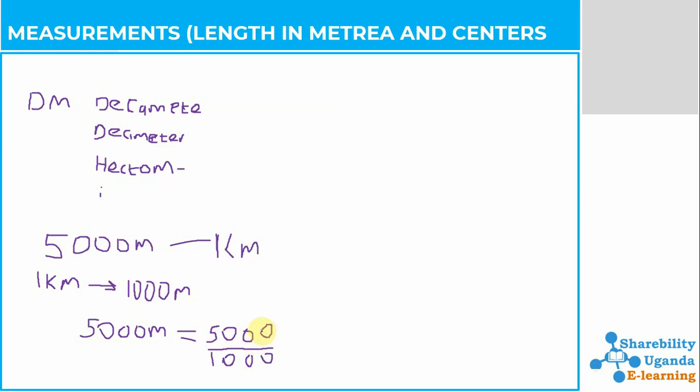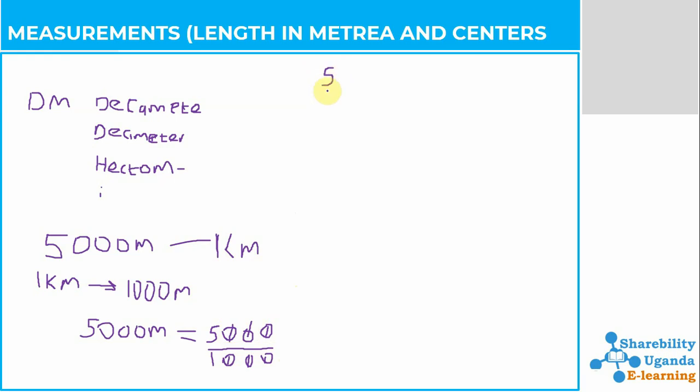So when you divide by 1,000, these zeros shall actually go, also this goes. Then we shall be remaining with 5 divided by 1, and we shall be able to get 5.